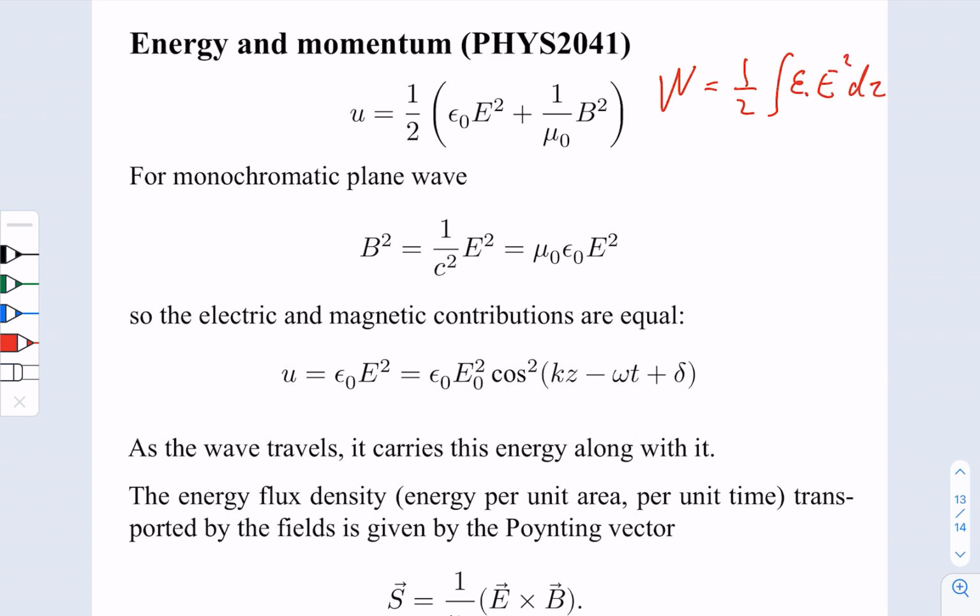the three-dimensional integral of epsilon naught E squared, integrated over the whole space, and the magnetic field energy is 1/2 times 1 over mu naught times B squared over all space. So these are the solutions in vacuum. Here u is simply what's inside the integral.